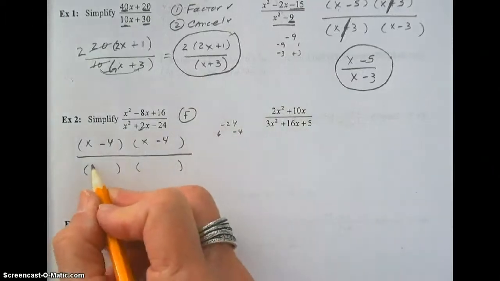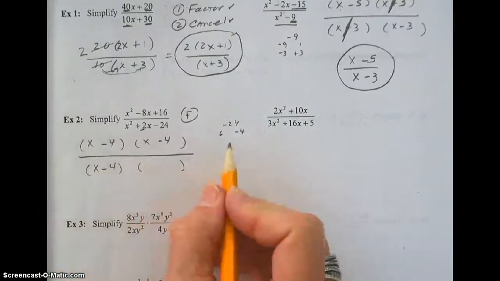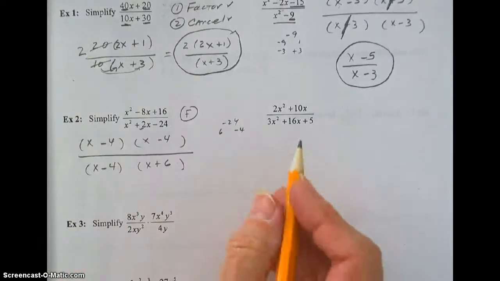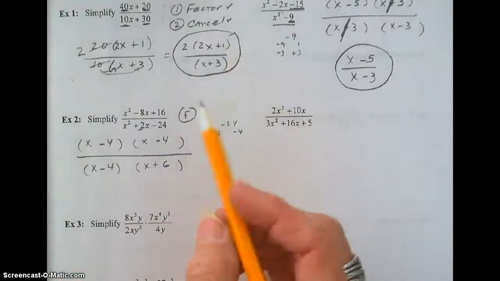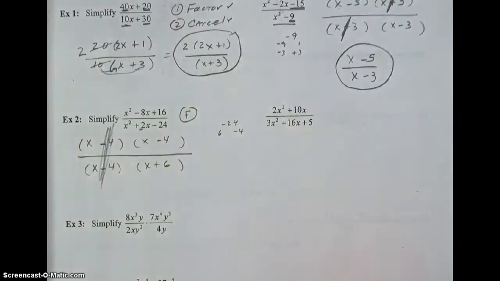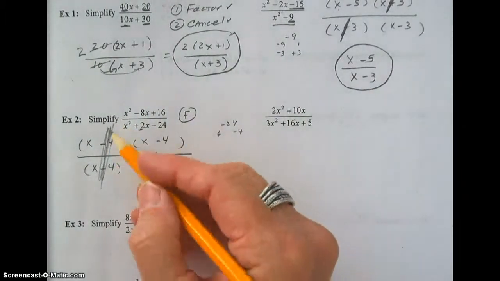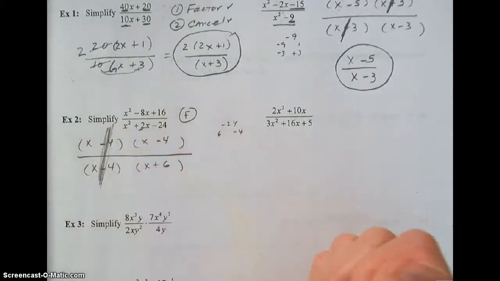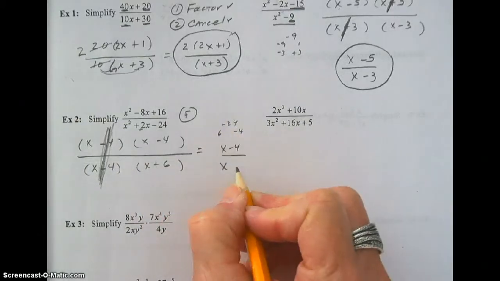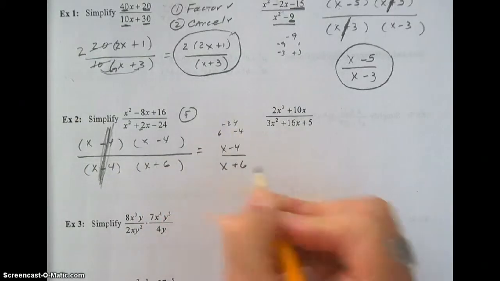So if we write x minus 4 and an x plus 6. Now again, the rule is simply this. If we have the same factor on the top and bottom, then we can cancel those. And why can we cancel it? Because anything over itself is equal to 1. So final simplification here would be x minus 4 over x plus 6.